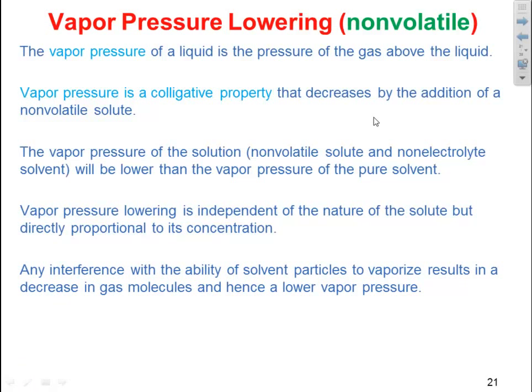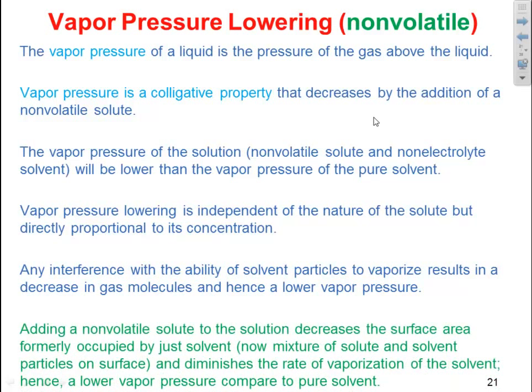Any interference with the ability of solvent particles to vaporize results in a decrease in gas molecules and hence a lower vapor pressure. Adding a non-volatile solute to the solution decreases the surface area formerly occupied by just solvent. Now you have a mixture of solute and solvent particles on the surface.